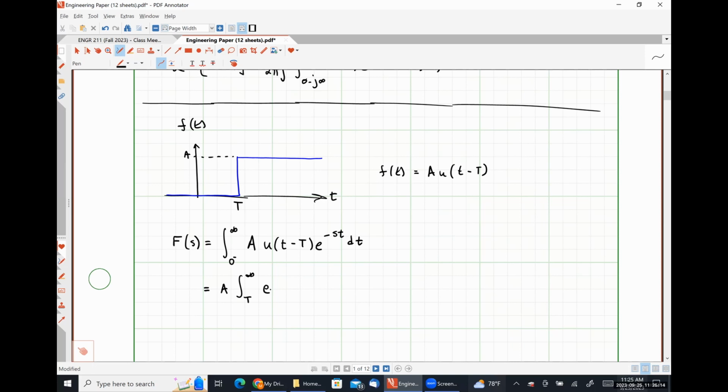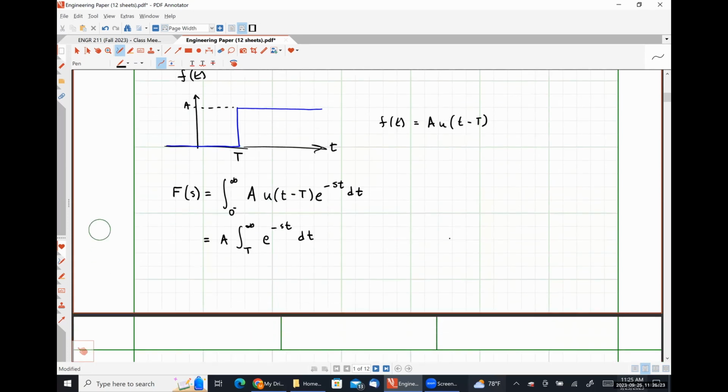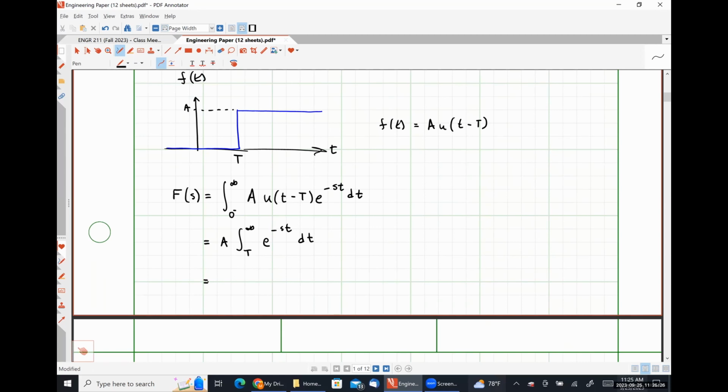So we'll have e to the negative st dt. So that's going to look like negative a over s e to the negative st evaluated at infinity and capital T, which is just a divided by s times e to the negative sT, like so, right?